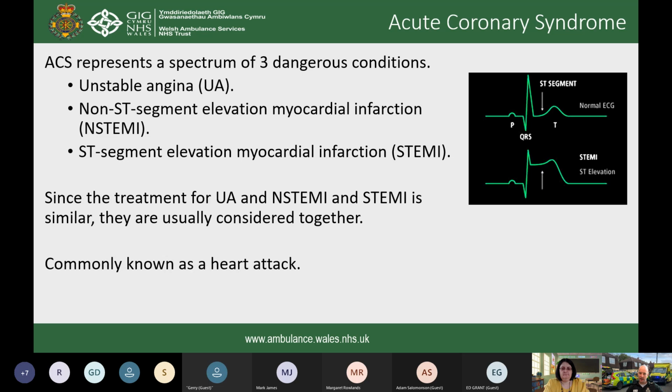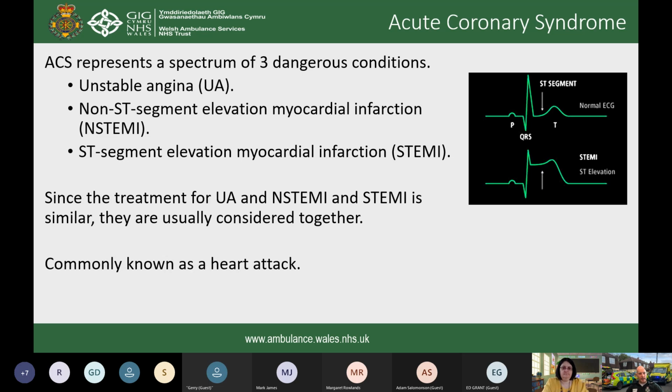So stable angina is the less severe one, and it will ease with rest, whereas unstable angina and a myocardial infarction, or heart attack, will fall within ACS, because we know it hasn't gone away in 15 minutes, so it's going to be a little bit more acute. There may be a complete blockage going on there.